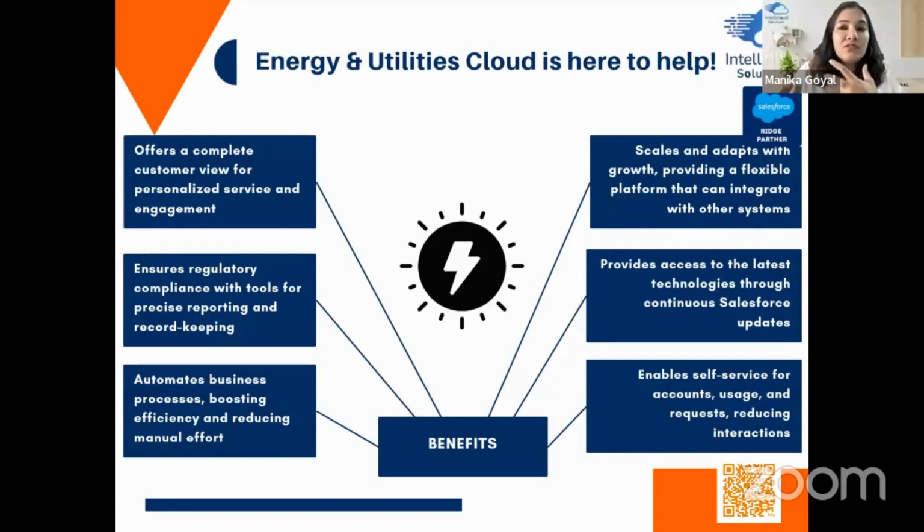So resolving customers' issues is something at the core of it. And so when I say that, it means having plans, upselling or cross-selling across these bundle plans with the help of shared catalogs. So Energy and Utilities Cloud does provide a shared catalog as it does in Communications Cloud as well.